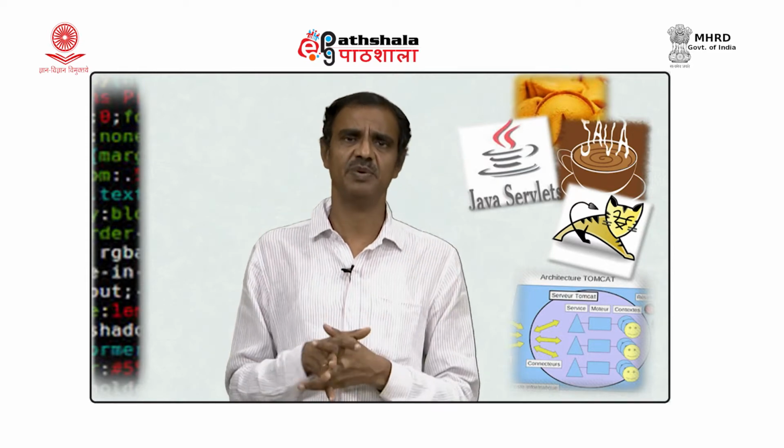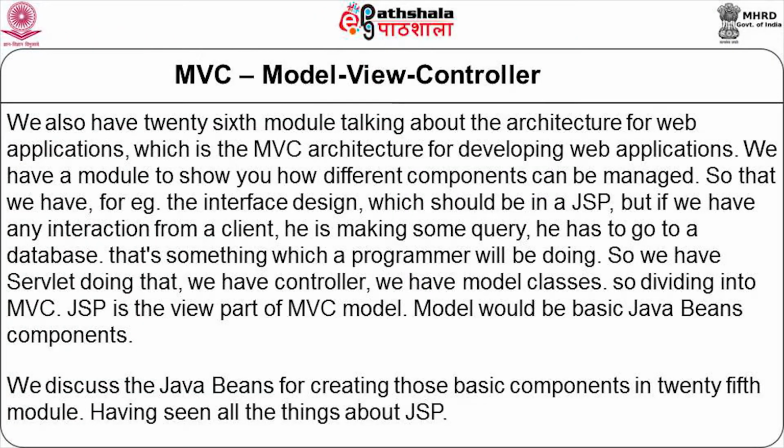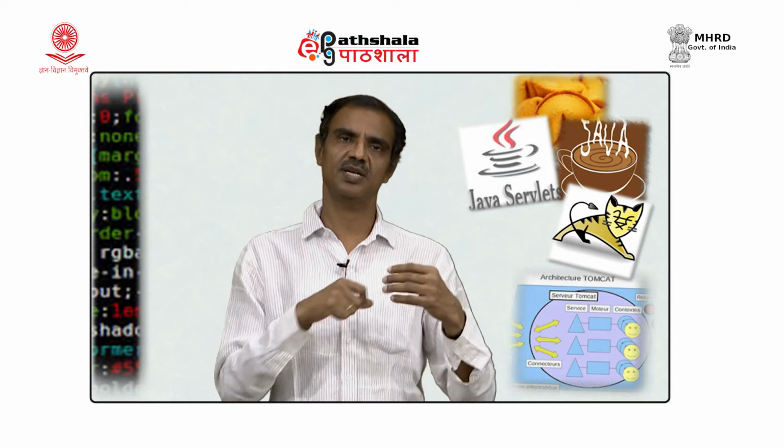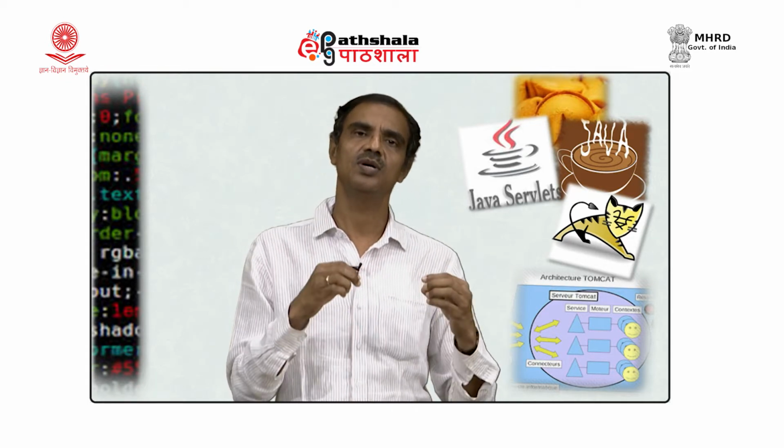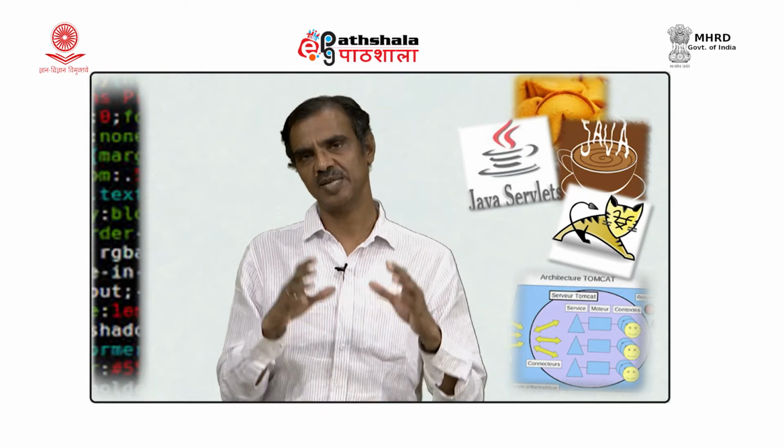Having covered most of the components which go into a JSP, we have one module in between about an architecture, the MVC architecture for developing web applications. We show how the different kinds of components can be managed.